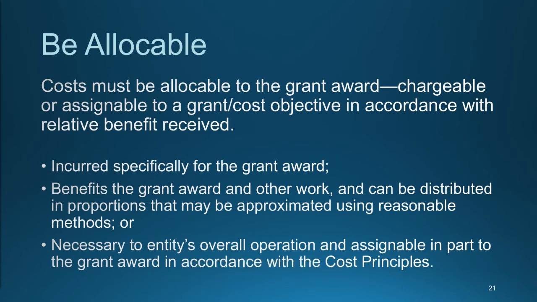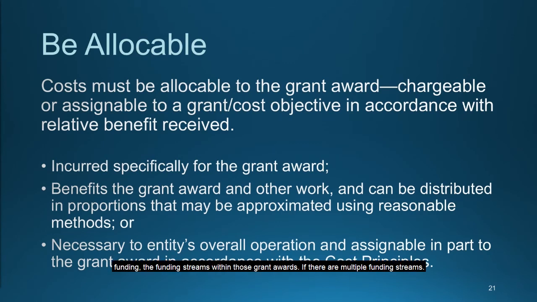Indirect costs, those costs that benefit your organization as a whole, or more direct programmatic costs that benefit multiple types of activities, how those costs are shared and distributed amongst grant awards and within those, the funding streams if there are multiple funding streams. Next slide.